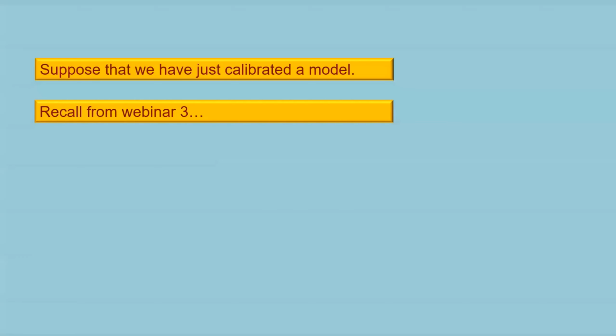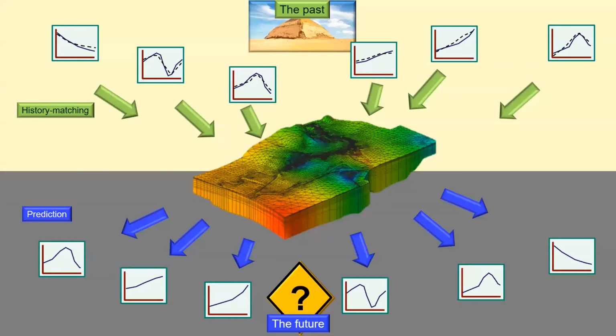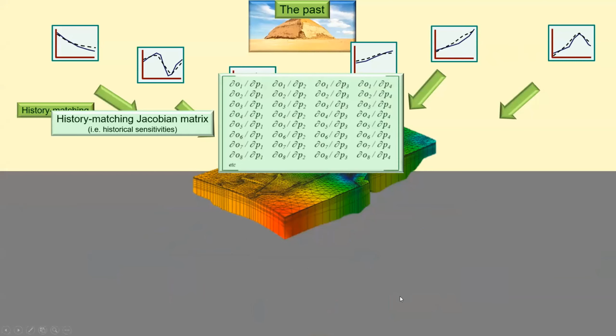Historically, these go under that broad category of methods that have been referred to as null space Monte Carlo in PEST parlance. So, remember from the last webinar, we said that suppose we've calibrated a model, we've history matched the past, so there's the past on top, and there's the future below. With our model, we history match the past, and then we make a prediction of the future.